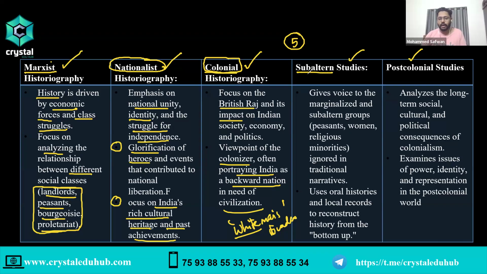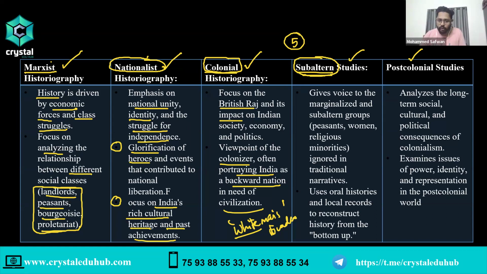The next one is subaltern. When these nationalist historians tried to bring back India's past glory, they forgot about the local people or some vulnerable groups, like maybe the women, the peasants or tribals. Such people were brought into the light of historiography by these subaltern studies.